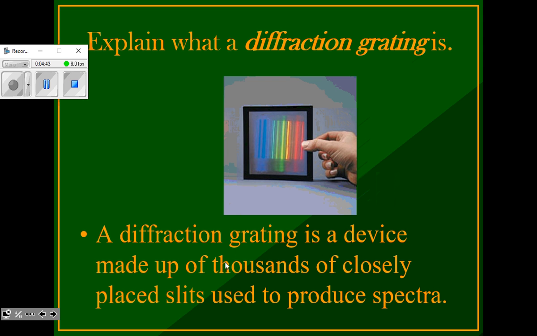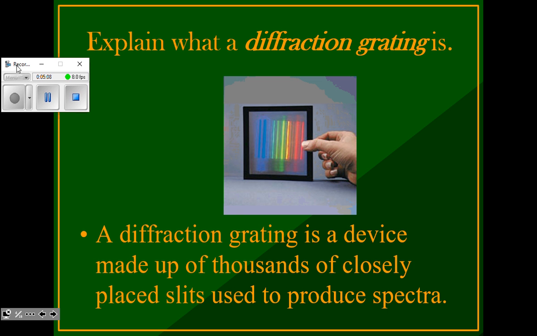A diffraction grating is a device made up of thousands of closely placed slits used to produce a spectrum. It looks like a piece of clear plastic, but inside are actually a whole series of lines, dark and bright lines, thousands per meter that go across. You can't see them, they're so tiny. However, when you put light in front of them, you get that spectra produced. So you're going to see that very well in today's video.